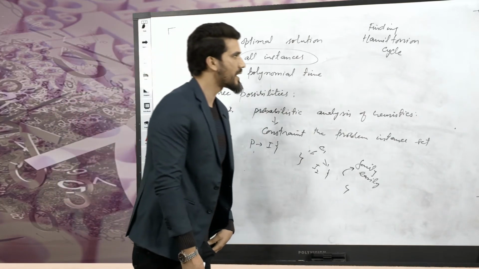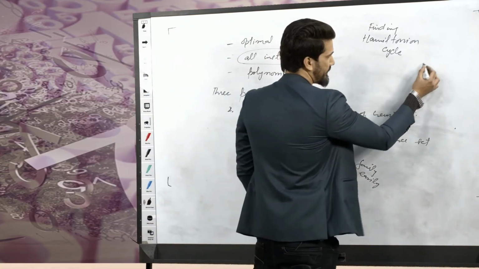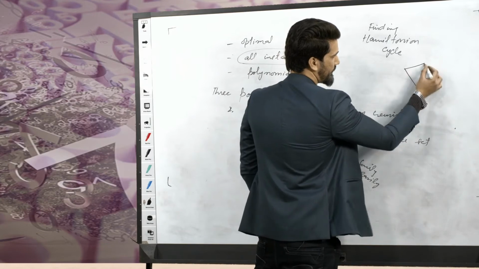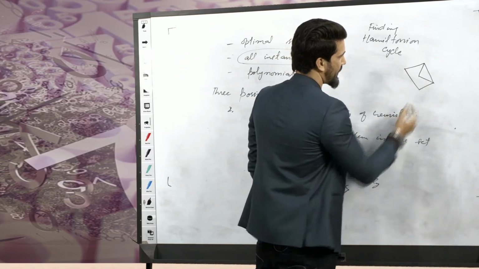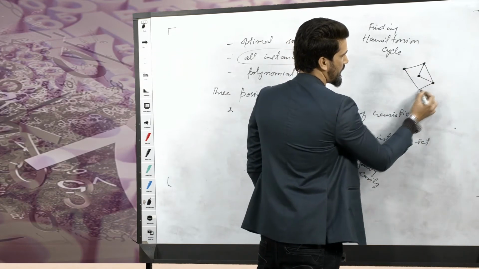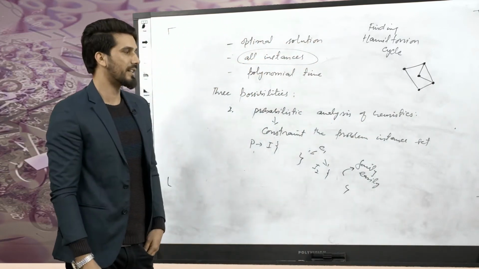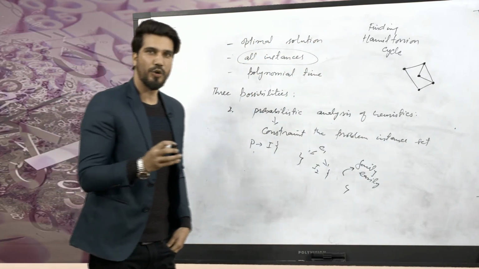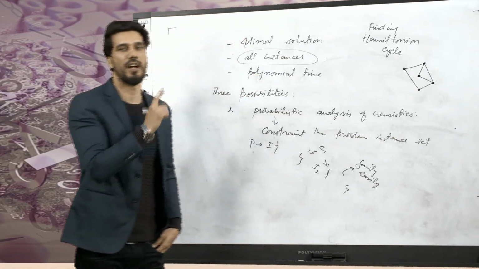What Hamiltonian cycle says is that if we have a graph something like this, it asks to find a cycle in which each node is visited once and we return to the node where we started.